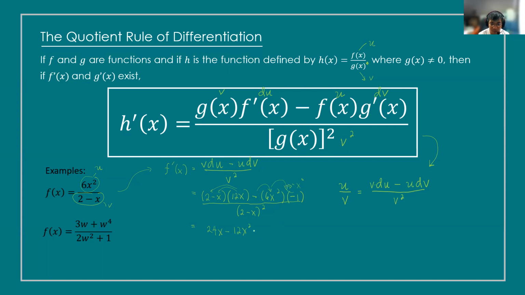This would give us positive 6x squared all over the denominator. So this would give us 4, or rather it's 4 minus 4x, then plus x squared.